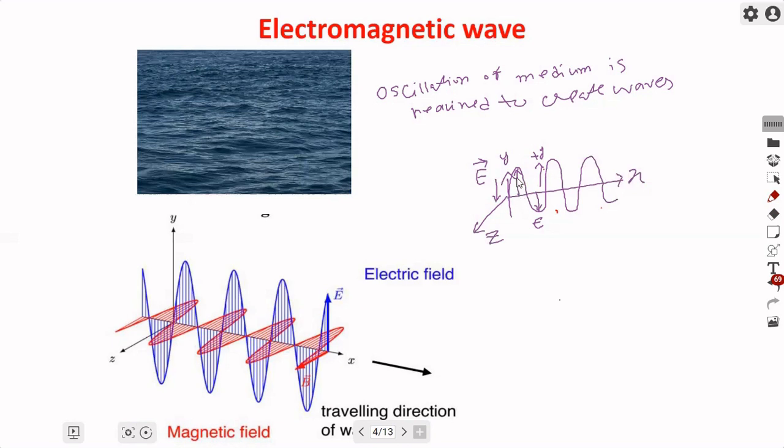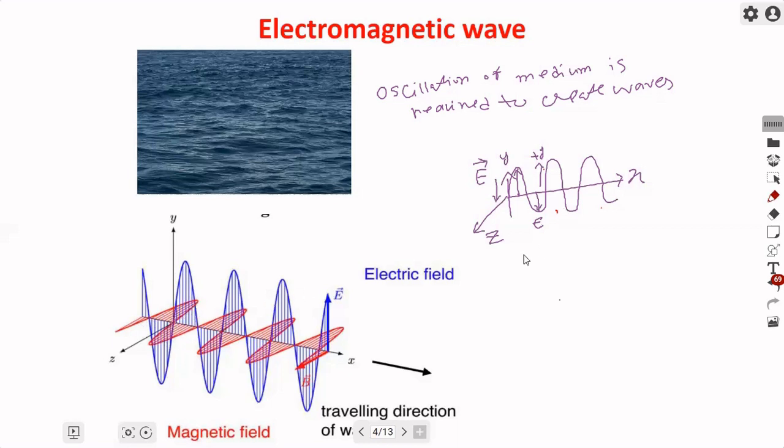In which direction is that magnetic field created? It is created exactly perpendicular to the direction of the electric field. Just look at this picture carefully. The magnetic field is created in the z direction. It's perpendicular to y, right? Y and z are perpendicular.